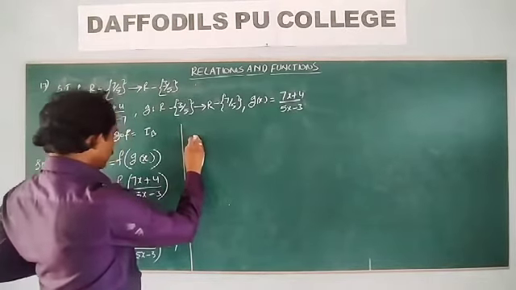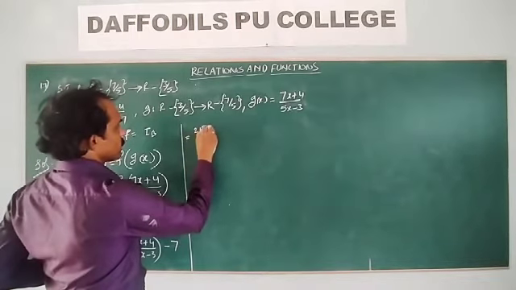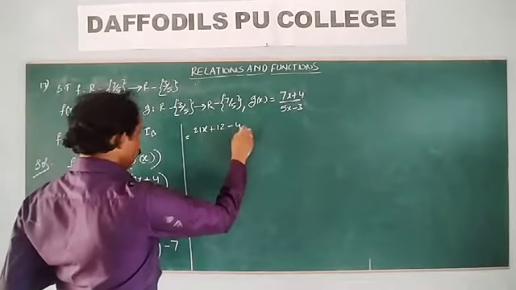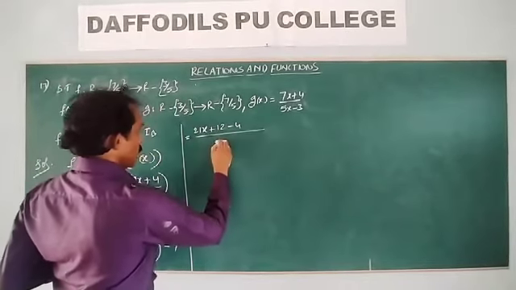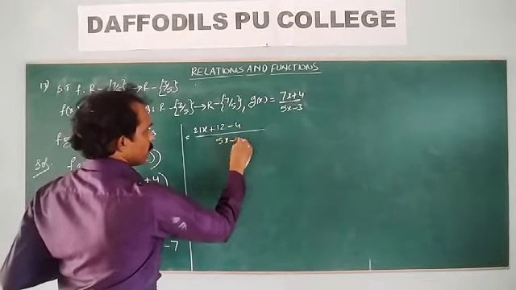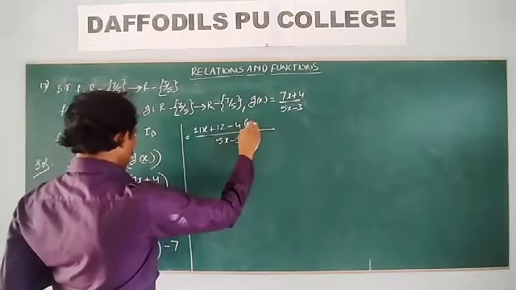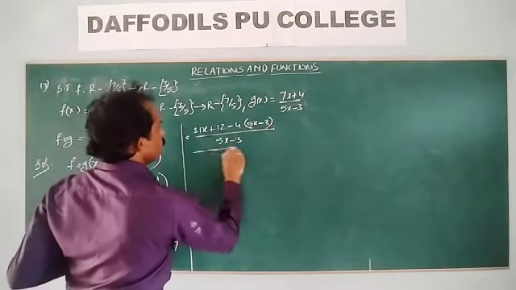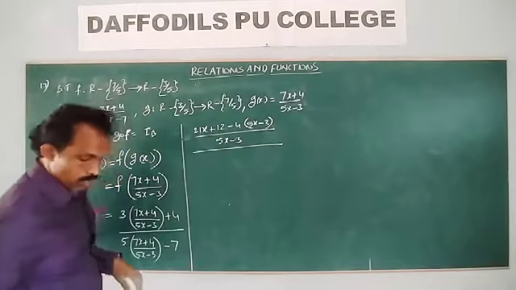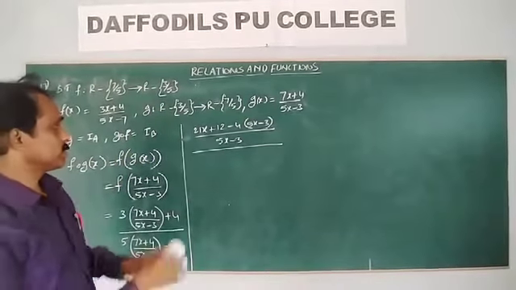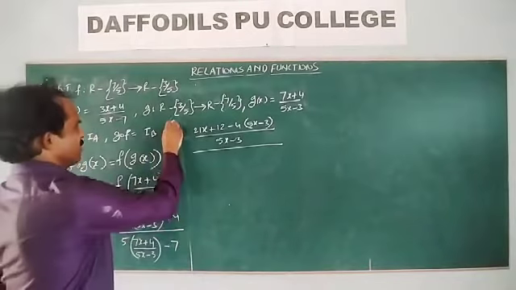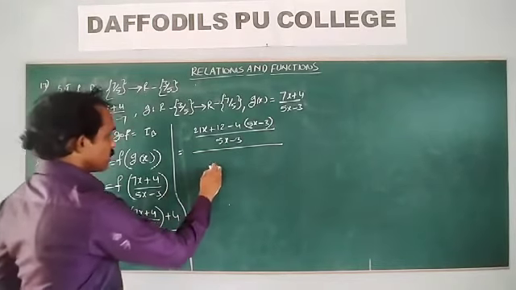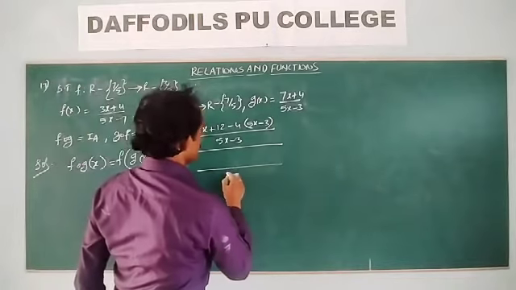Here you multiply 3 inside: 21x plus 12, plus 4 times 5x minus 3, whole divided by 5 times 7x plus 4 minus 7 times 5x minus 3, here the LCM is also 5x minus 3.